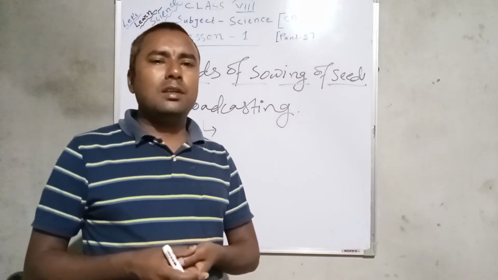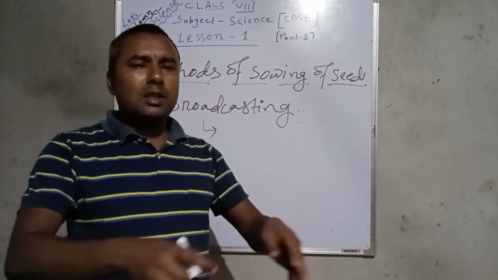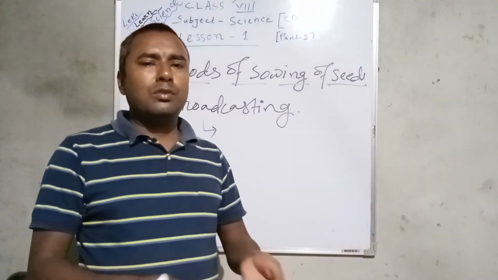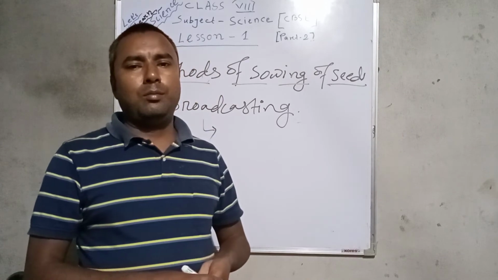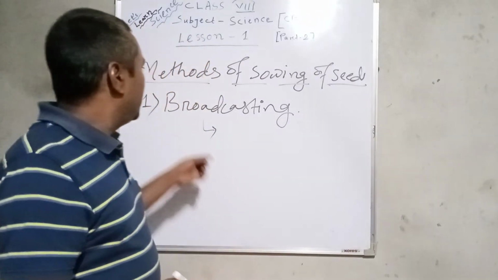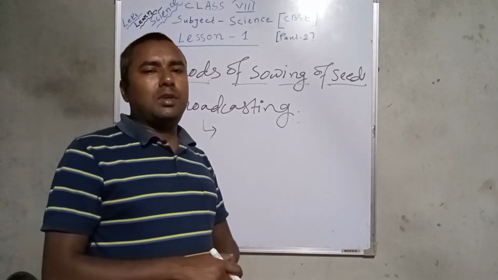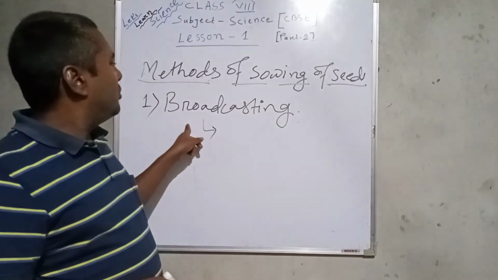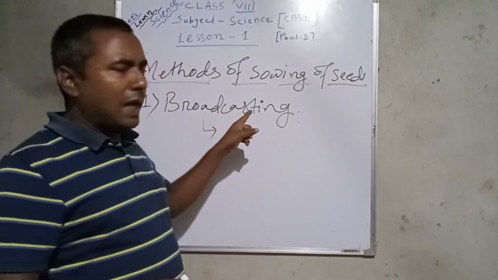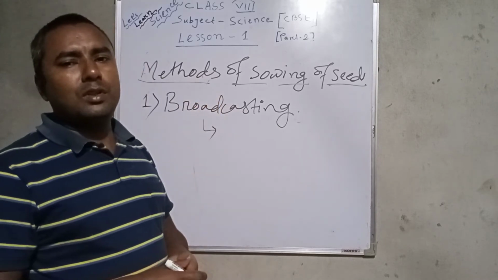As a result, in some places in the agricultural field there is a crowd of plants. On the other hand, in some other places there are fewer plants. So this method of sowing seeds has this disadvantage. But in earlier days, only this method was applied while sowing the seeds in the prepared soil.